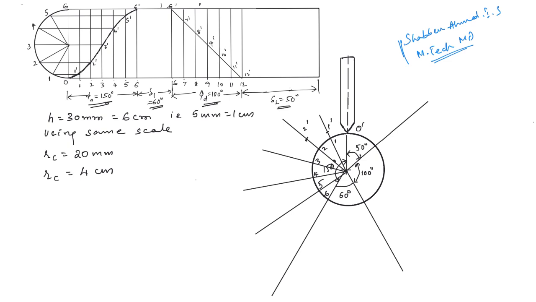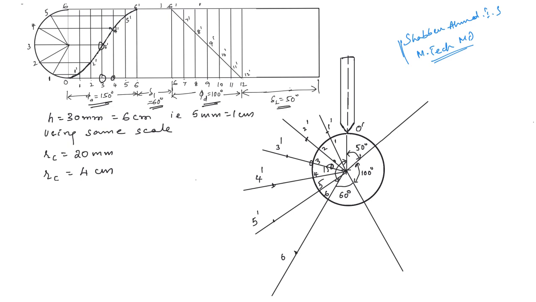Then similarly from 3 to 3 dash. Similarly take the length 4 dash and from 4 mark it here, 4 dash. Similarly 5 dash, from 5 to 5 dash. Then from 6 to 6 dash.